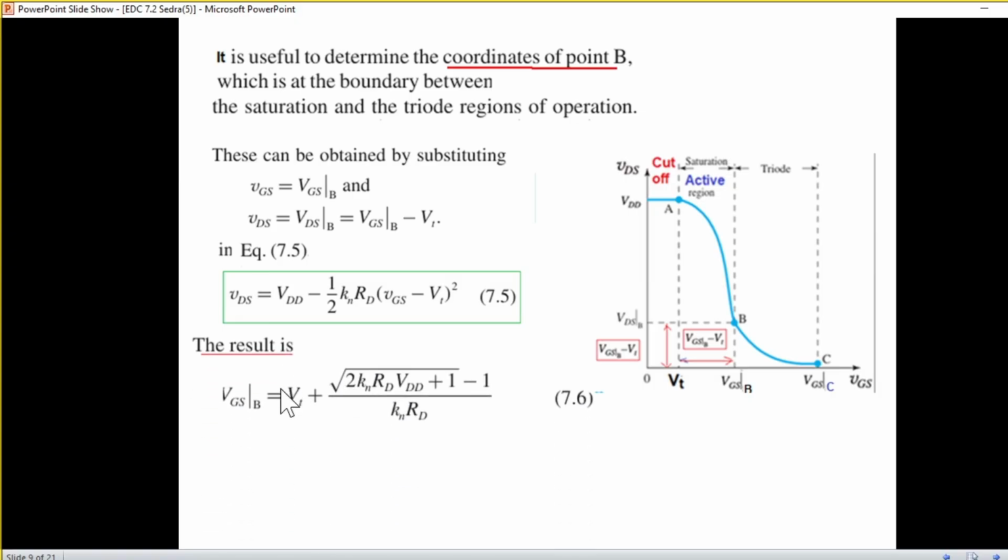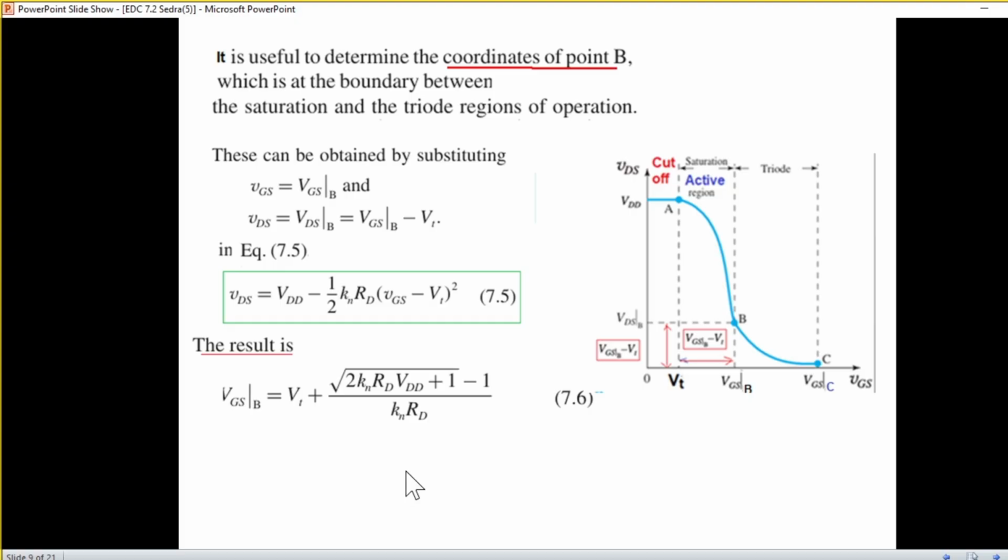The result here will be, sorry, not VDS, we want to get VGS at this point. This coordinate we'll find first, and then from here we can find the other coordinate. So from this equation, putting these two values and solving, we get this equation.